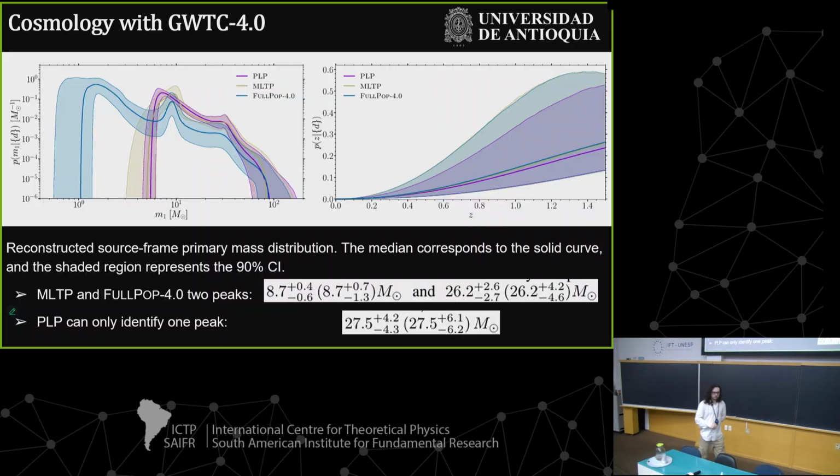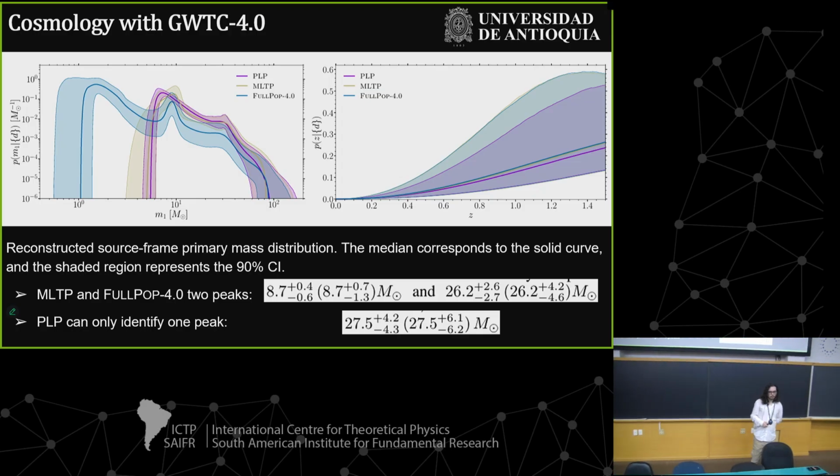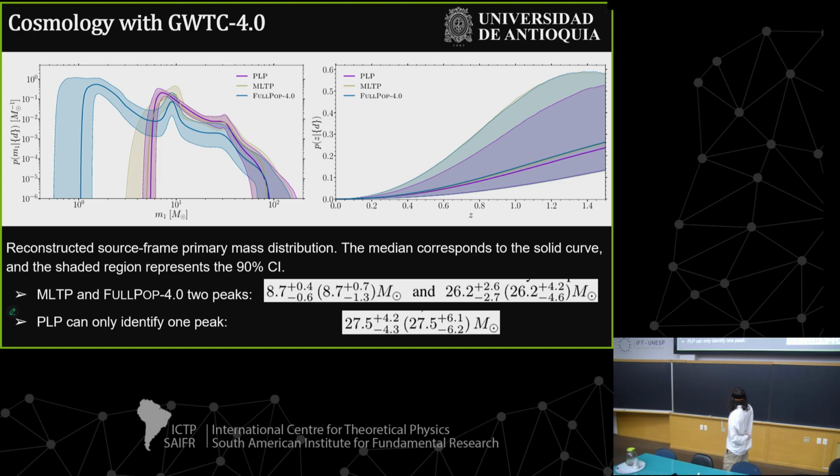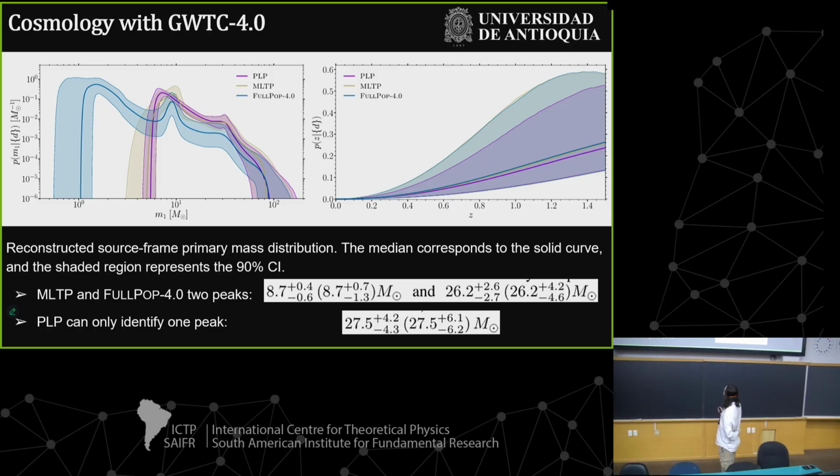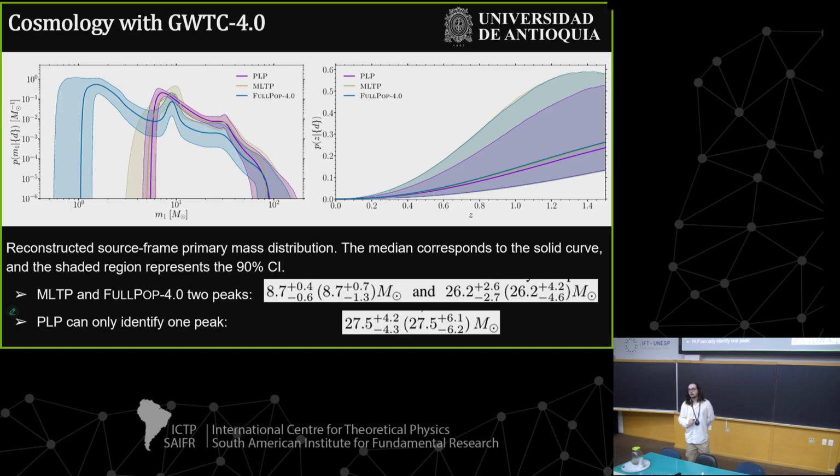So these are the constraints on the mass and merger rate evolution models using this catalog information, both gravitational wave and galaxy catalog information together. The solid curves represent the median of the distributions that were obtained, and the shaded regions represent the 90% confidence region of the distributions.